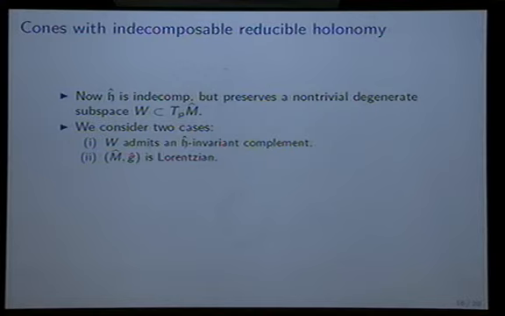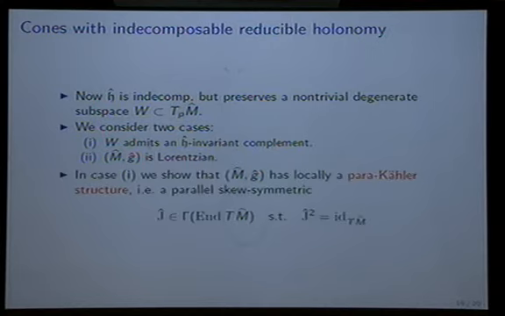Okay, therefore we restrict to these two cases: Lorentzian, so rather near to the Riemannian case, or the case where we have a splitting into two degenerate subspaces, an H-invariant splitting. And in case 1, we show that under this assumption, not only do we have such a complementary subspace, but we even have locally a paracomplex structure. A paracomplex structure is simply a parallel skew-symmetric endomorphism field which squares to the identity.